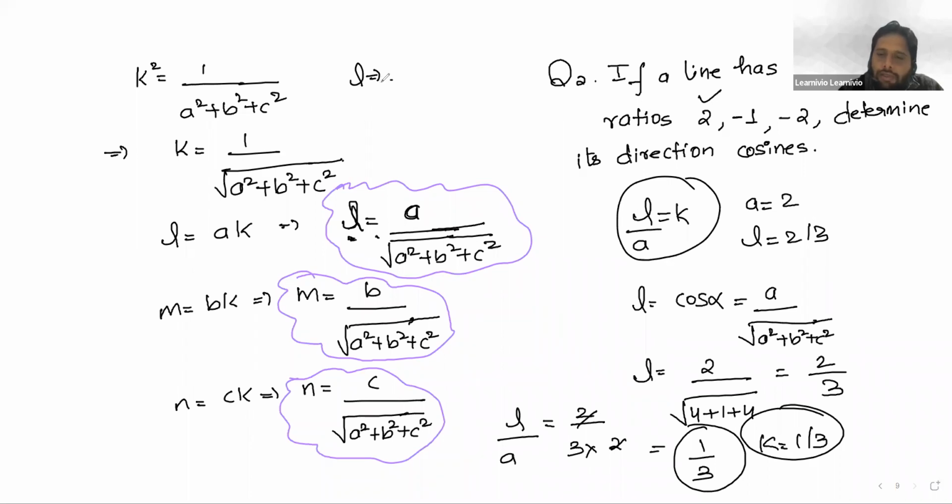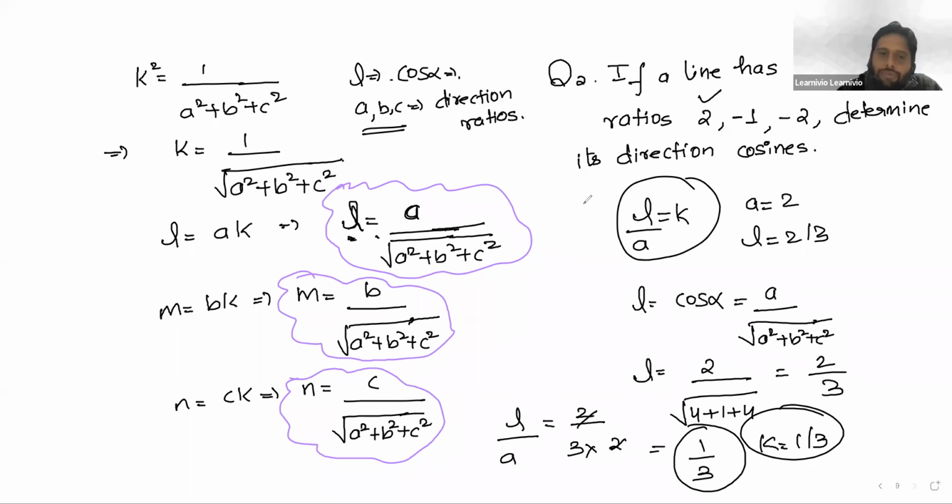First tell me what is L. L is cos alpha. Good. It is the direction cosine. Okay. And what is A, B, and C? These are the direction ratios. Okay. Direction ratios.